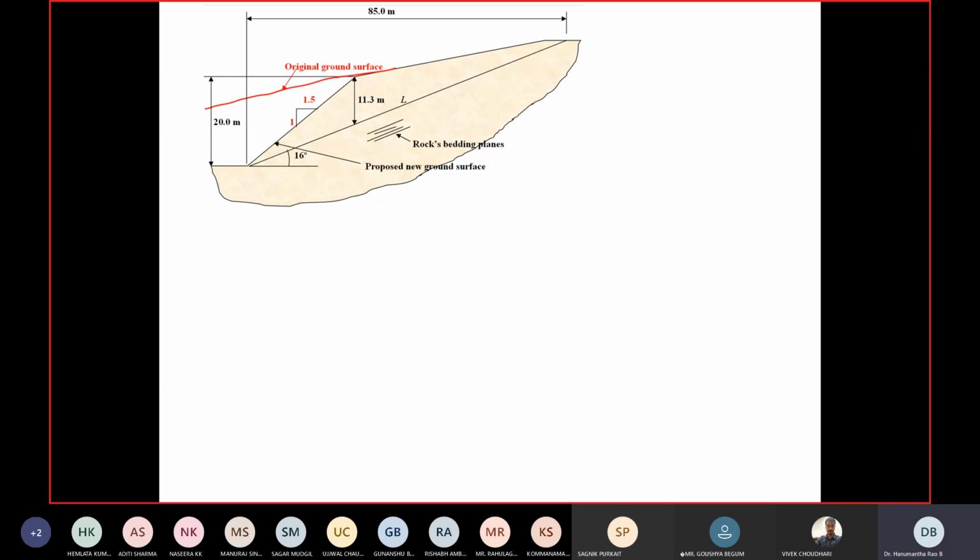So in order to determine the L, I know the total base length of 85 and a slope angle of 16 degree. So I think using the sine law or cosine law, one can determine the length L.